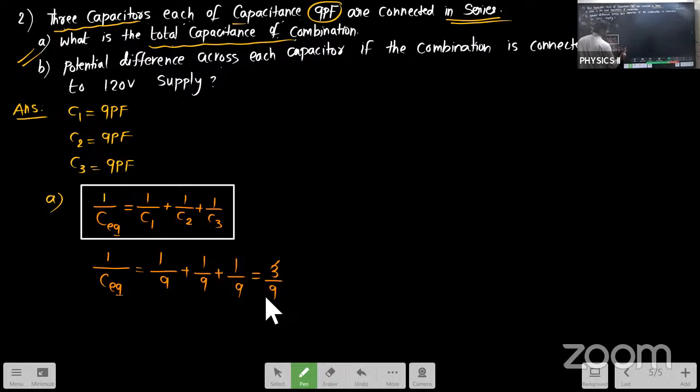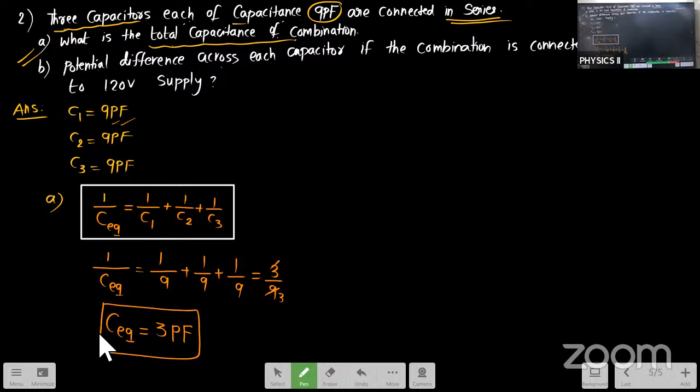So 3 ones and 3 threes. Our final answer will become C equivalent is equal to 3 picofarad. So the equivalent capacitance in case of series is 3 picofarad.